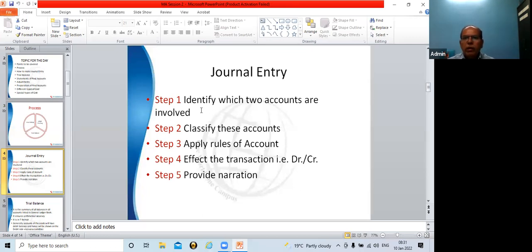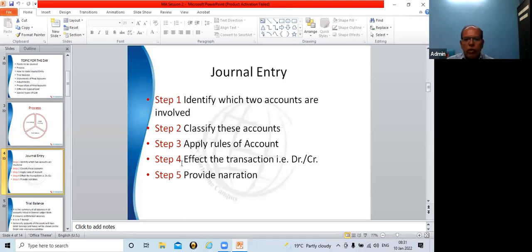Okay, now coming back to our journal entry. Step number 1, identify which 2 accounts are involved. Step number 2, classify these accounts. Step number 3, apply rules of account.